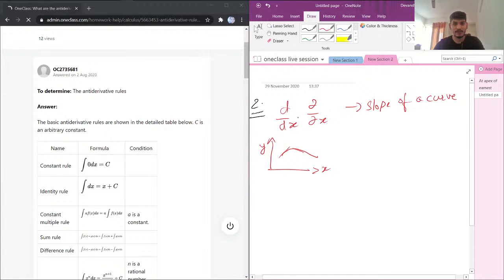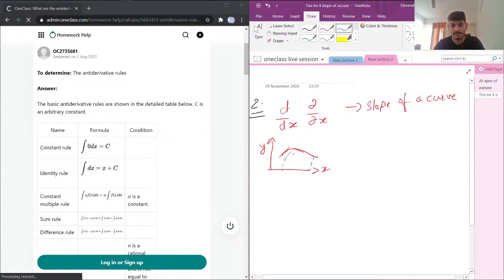But in the case of antiderivative, we basically calculate the area under the curve. So for antiderivative or integral, we calculate the area under the curve. For indefinite there is no limit. For definite, we'll have a limit, suppose from a to b.